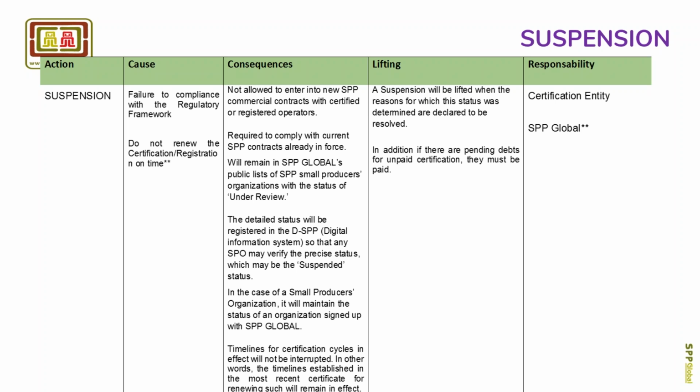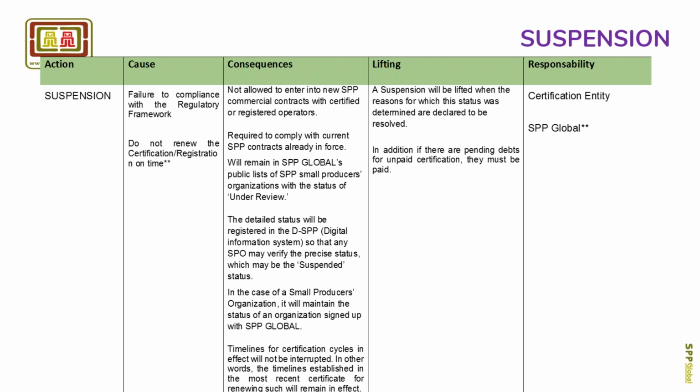It means with final buyers, or maybe with importers. Then you cannot celebrate new contracts, but you are required to comply with current SPP contracts already in force.